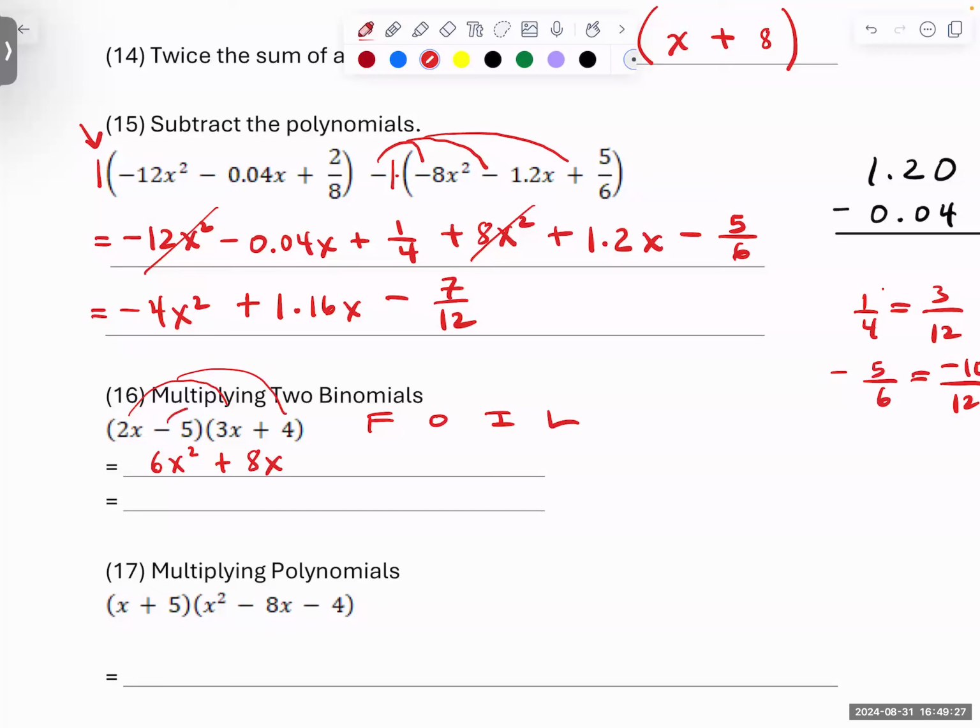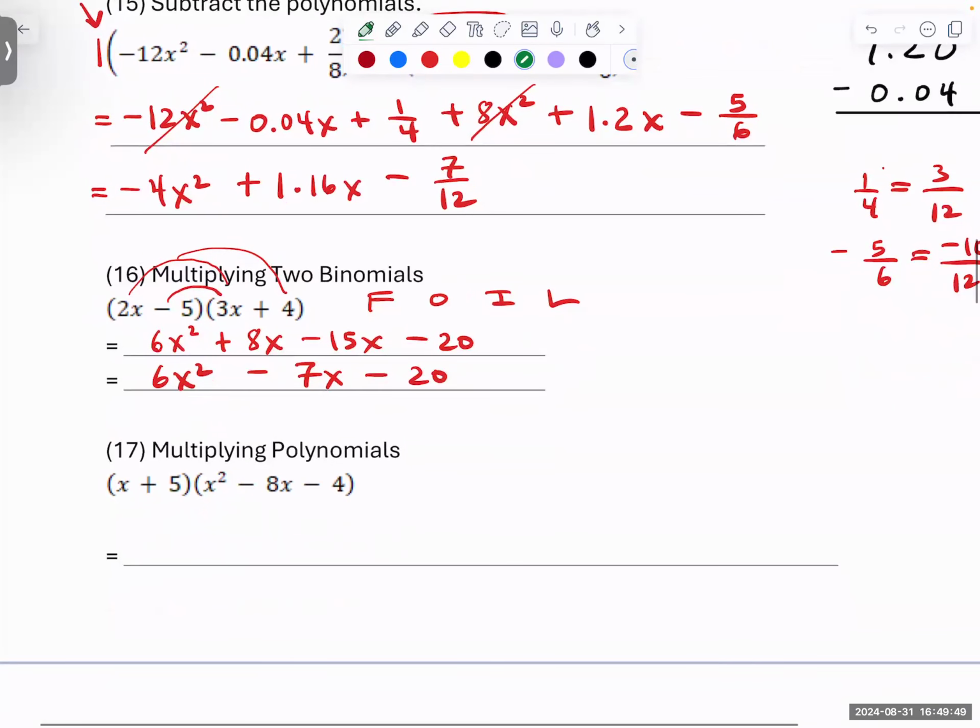Inside terms, product is minus 15x. And minus 5 times plus 4, the last term's product is minus 20. 6x squared minus 7x minus 20, a second degree trinomial.